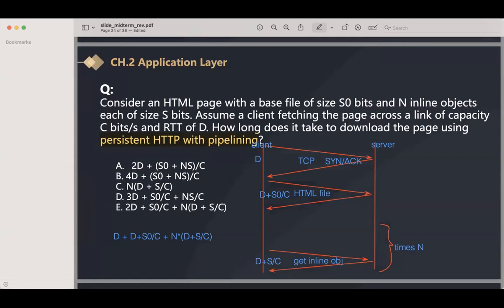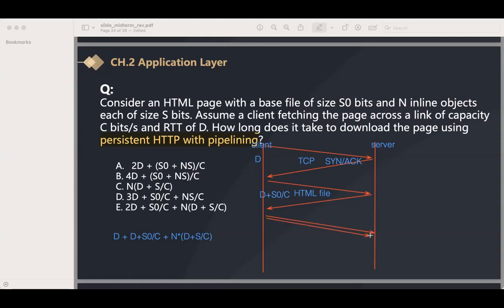So we can just simply change this part, because we still need to get the HTML file first. Otherwise, we will not know how many files are inside the HTML file. So the first part will remain the same, but the second part will be slightly different.